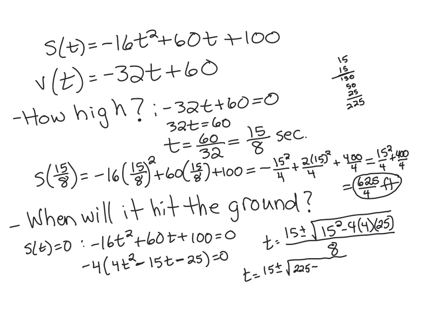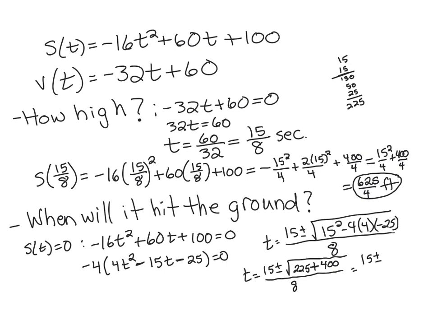I'm going to need to rewrite that. -25, which means now under the radical, I'm adding. 4 times 25 is 100 times 4. Booyah. I'm going to get that same number I got before. Funny how that works out, huh? Over 8.